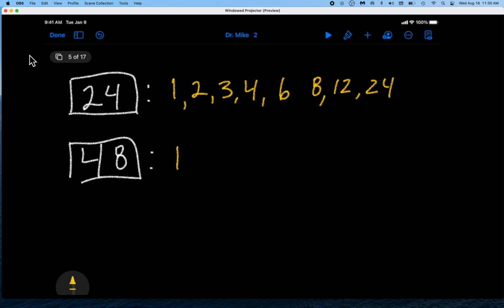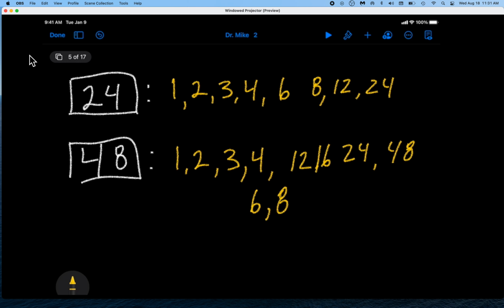We're going to have 1 times 48. We're going to have 2 times 24. We're going to have 3 times 16. We're going to have 4 times 12. I'm running out of room. And we're going to have 6 times 8.